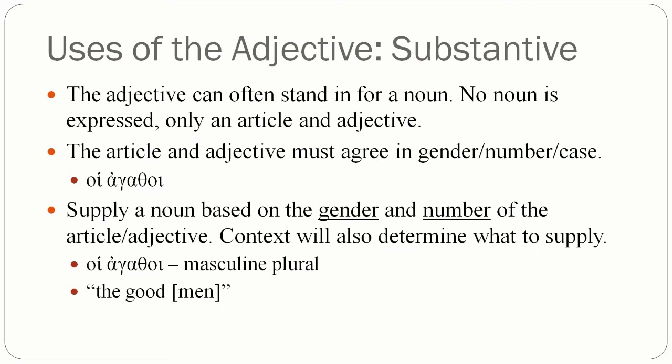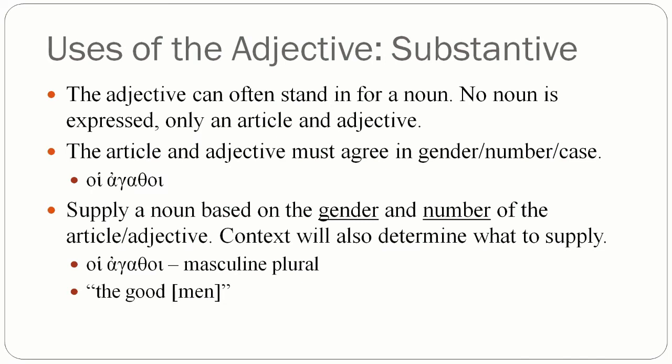All right, so those are your three uses of the adjective. Once again, first of all, you have the attributive, which is the adjective in between the article and the noun, or pulled in by a second article. The second one is the predicate adjective, which means that the adjective is sitting outside of the article-noun combination, either before or after, it doesn't matter.